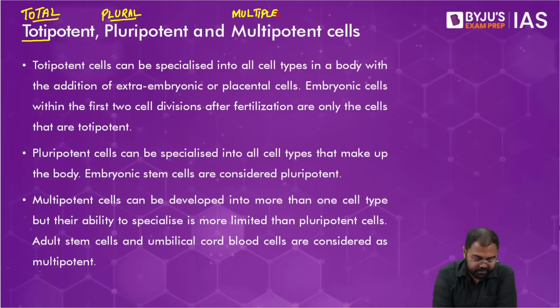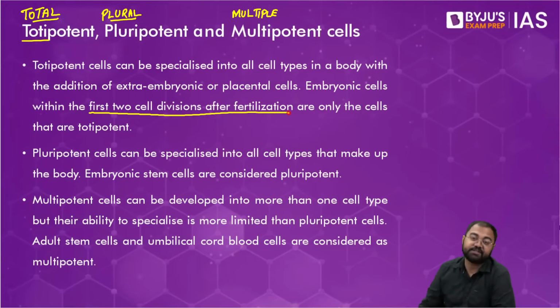So what does this mean? Totipotent cells are the cells that have the capability to specialize into any cell without exception. Now, these totipotent cells are very special and very rare. They can only be derived within the first two cell division cycles after fertilization.